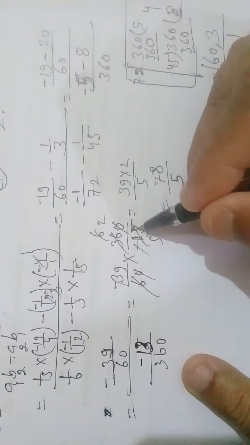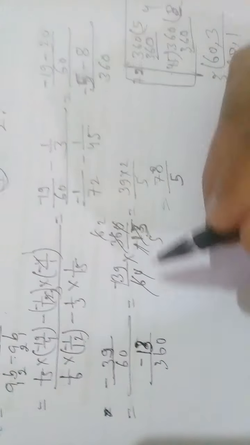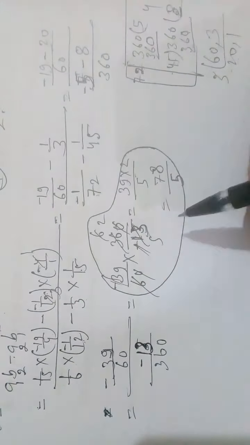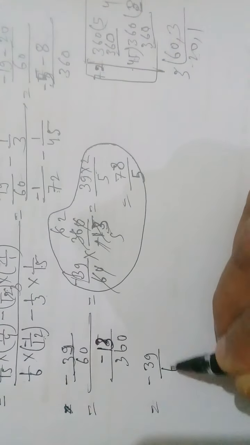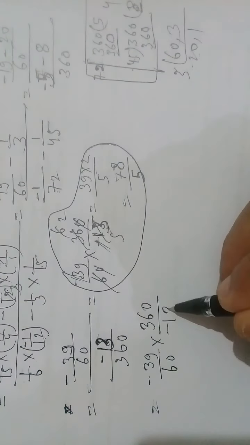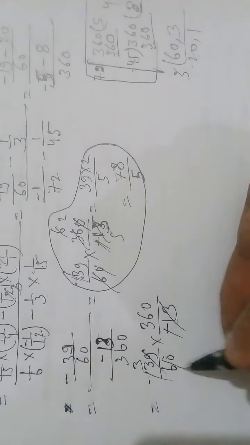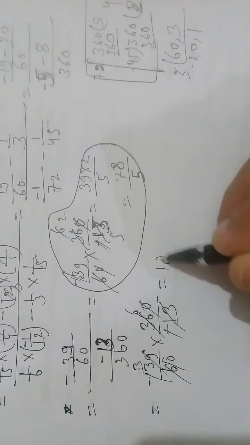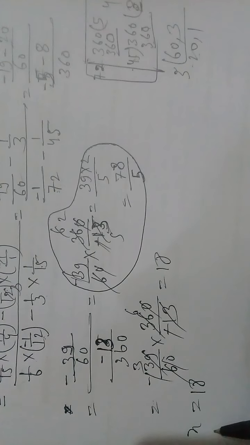So minus 39 by 60 into 360 by minus 13, minus 3 times 6 is equal to 18. It means x is equal to 18.